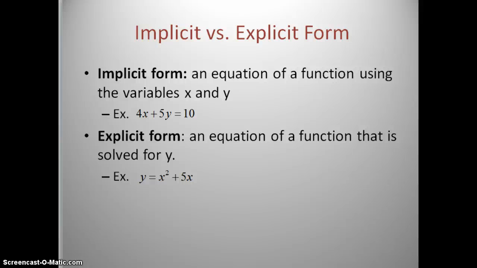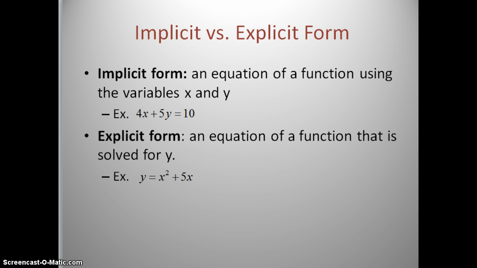This is just any equation of a function using variables x and y, or whatever variables you're using to represent your independent and dependent variable. Notice here we have a linear equation in standard form, so it is not solved for the dependent variable y. This is implicit form. It's implied that y is a function of x, but it's not written in that way.